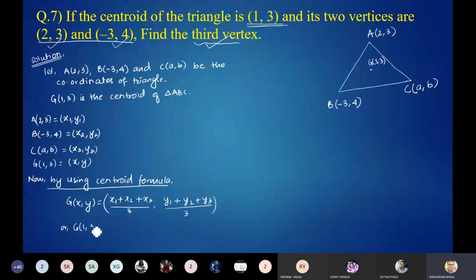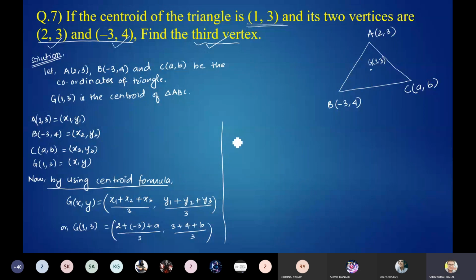G is (1, 3), equals x1 is 2 plus x2 is minus 3 plus x3 is a, upon 3 comma y1 is 3 plus y2 is 4 and y3 is b, all upon 3.